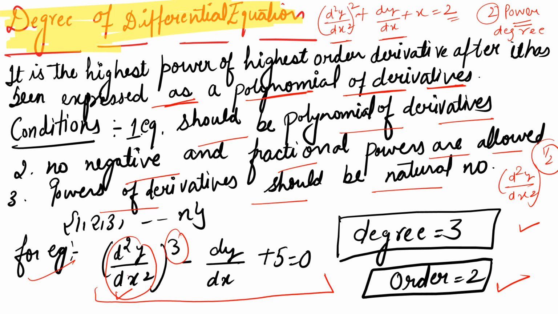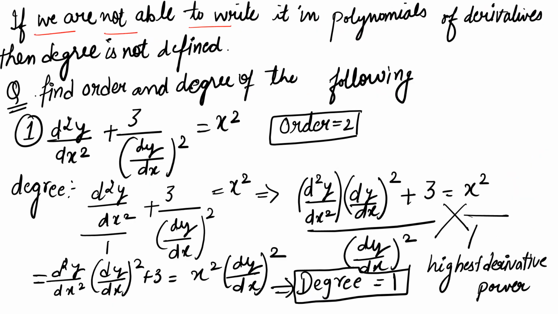So all the conditions are satisfied here. If we are not able to write it as a polynomial of derivatives, then the degree is not defined. We will discuss it in the questions.